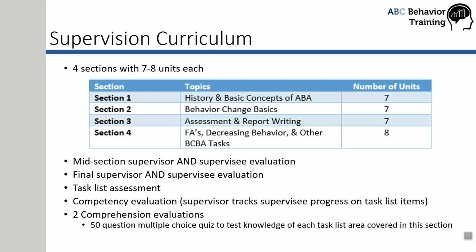Each section has a midsection supervisor and supervisee evaluation, a final supervisor and supervisee evaluation, a task list assessment, which is to be completed by the supervisee, a competency evaluation, where the supervisor can track the supervisee's progress on task list items that were covered in each section, and it has 2 comprehensive evaluations, which are 50 multiple choice questions to test the knowledge of each task list area covered in the section.